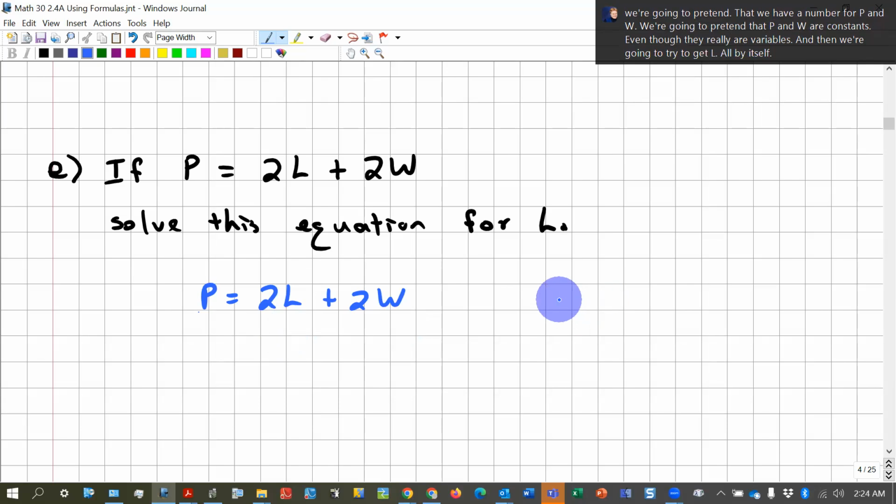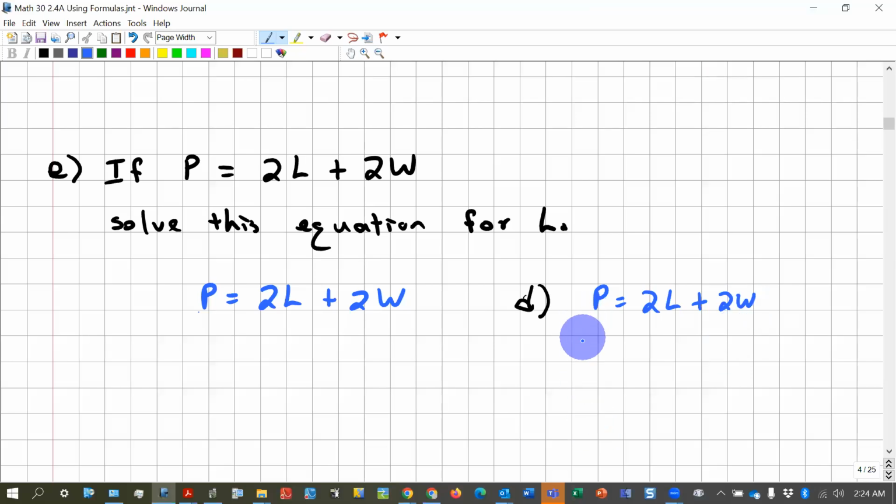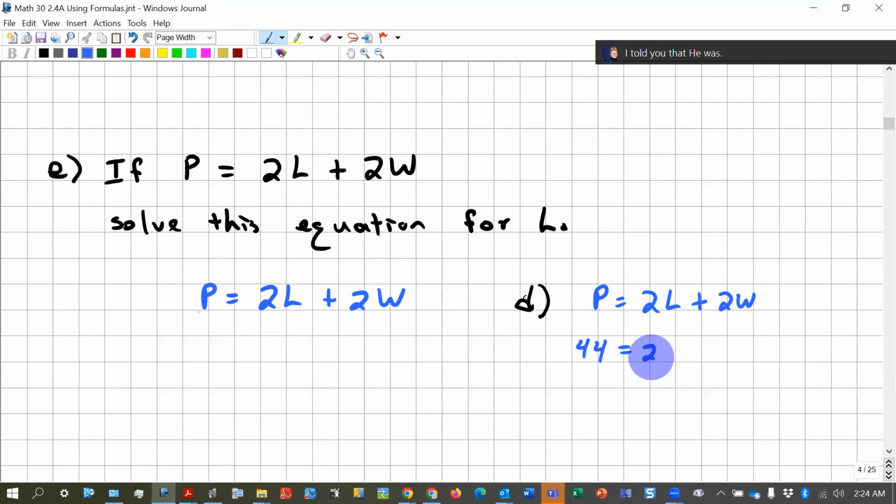So in the previous problem, I told you that P was 44 and W was 17.